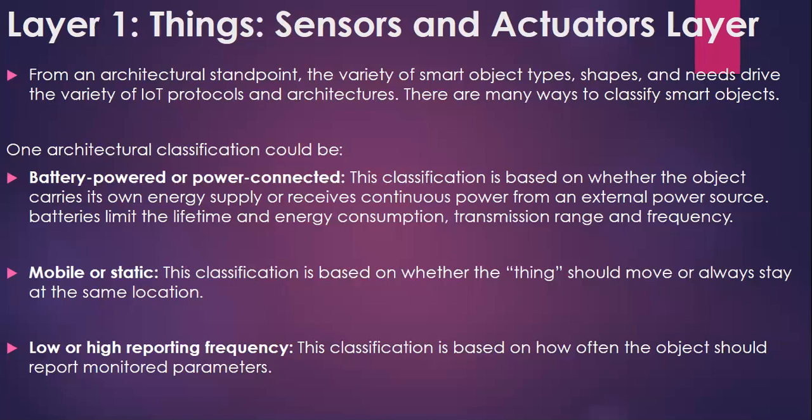Second classification. Then the third one will be low or high reporting frequency. What is this reporting frequency? This classification is based on how often the object should report monitored parameters.